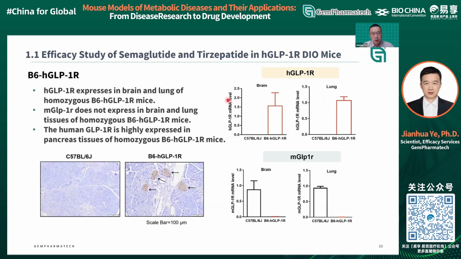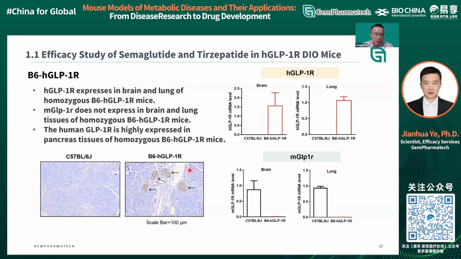First, about the humanized GLP-1 receptor mice. When we make the mice, we collect tissue samples, the brain and the lung. By qPCR, we can detect human GLP-1 receptor expression in the humanized mice. But in normal B6 mice, we can detect, of course, the mouse GLP-1 receptor expression, but we don't detect the human GLP-1 receptor expression.